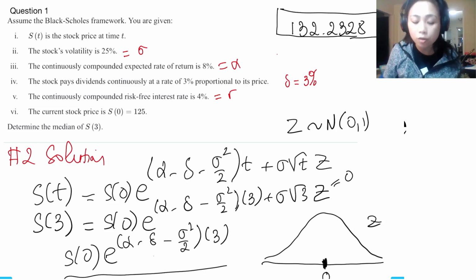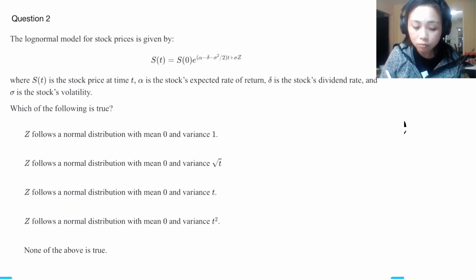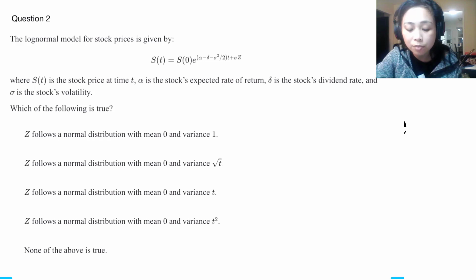Now let's look at the second question. Question 2. The log-normal model for stock prices is given by S of t is equal to S of 0 e to the alpha minus delta minus sigma square over 2, the whole thing times t plus sigma z, where S of t is the stock price at time t, alpha is the stock expected rate of return, delta is the stock dividend rate, and sigma is the stock volatility.